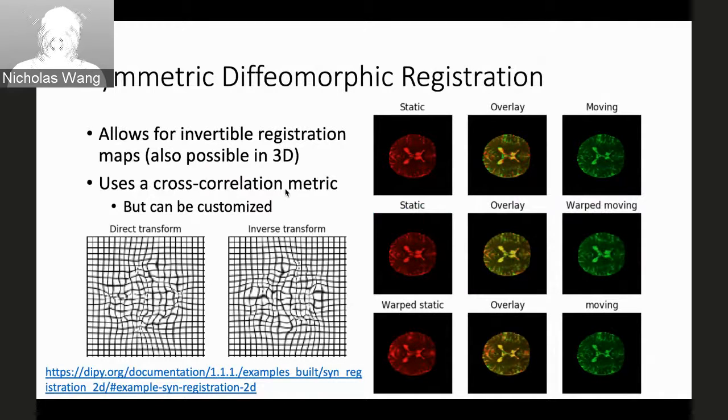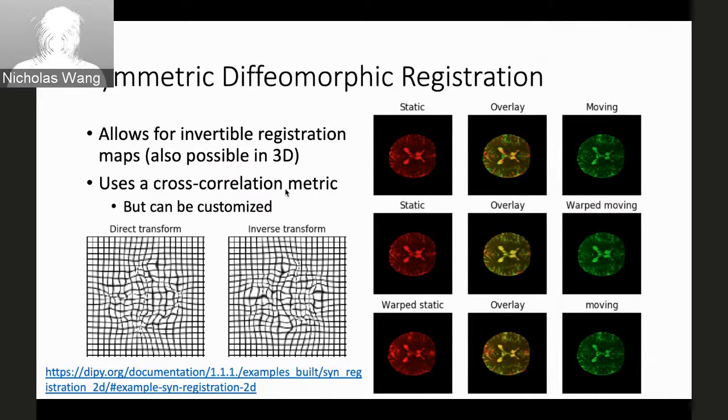On the top row, you have the original image, and on the right, you have a moving image. So you're going to shift it, and you can see where there's some shift, but it's not fully aligned. You can do a further better alignment, and you can see that after you've warped it, they align better.